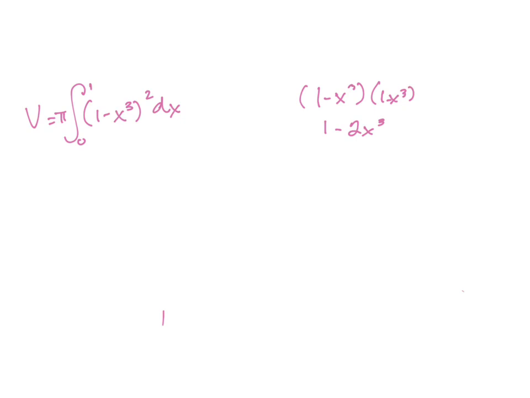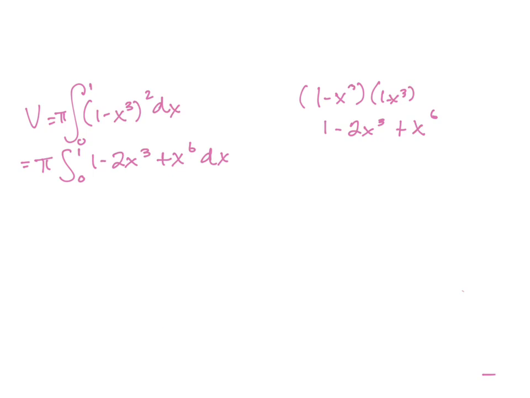And so then I'd have to get x in terms of u. That's a lot harder than if we just FOILed. Plus what? What's on the end? X to the 6th. So we got pi times the integral from 0 to 1 of 1 minus 2x cubed plus x to the 6th dx.